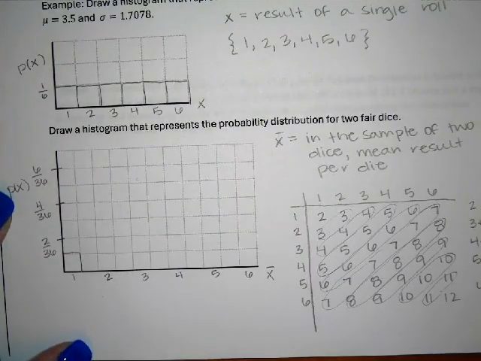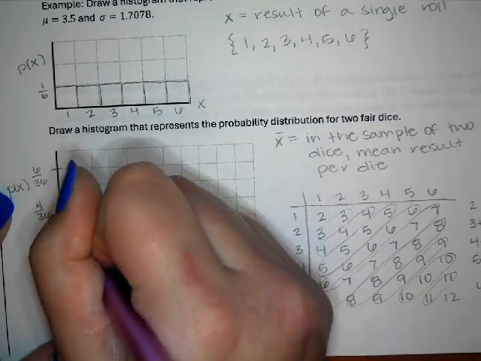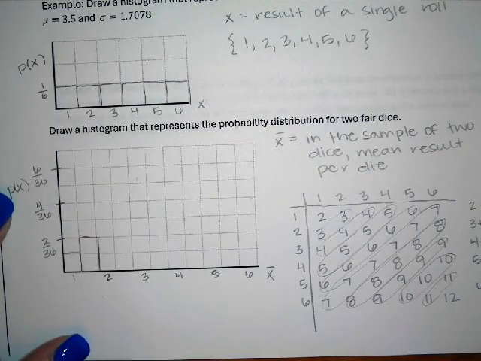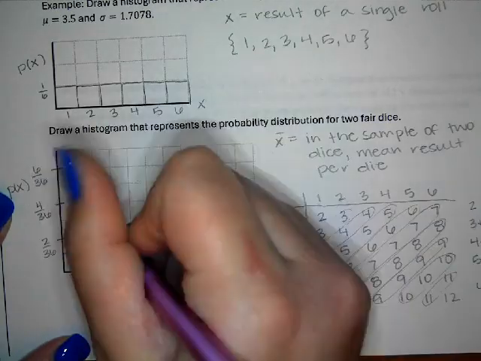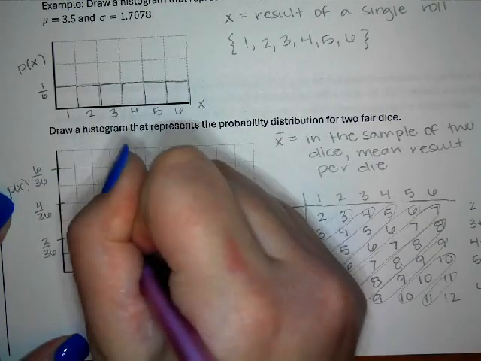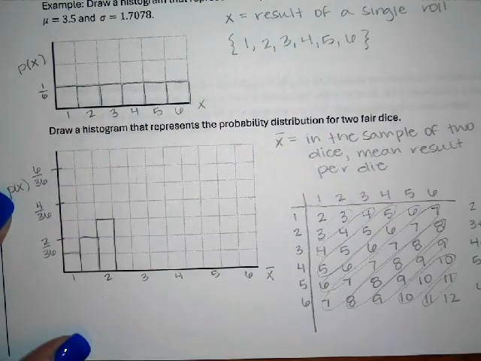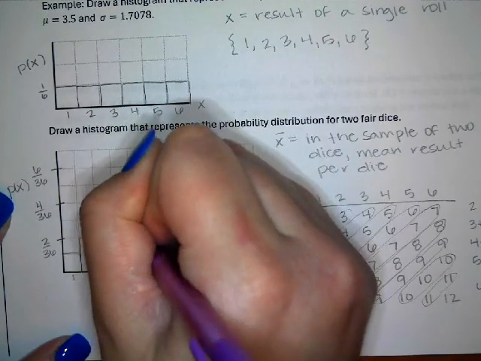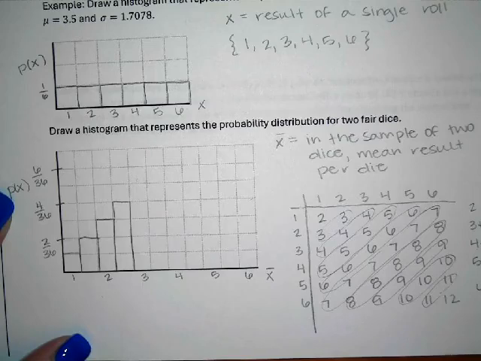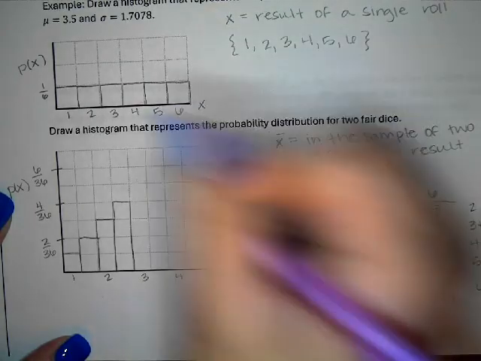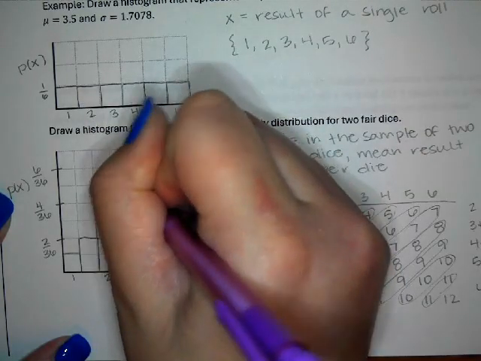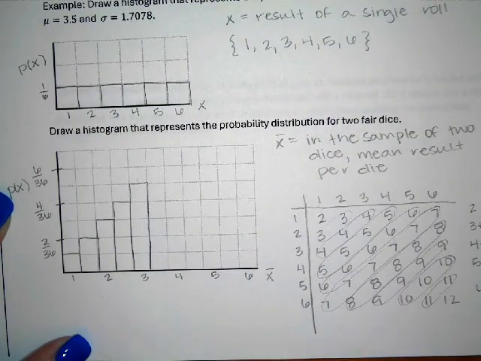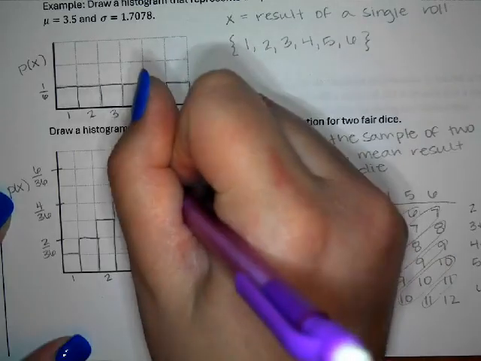1.5 is a 2 out of 36 probability. 2 is a 3 out of 36 probability. 2.5 is a 4 out of 36 probability. 3 is a 5. 3.5 is a 6 out of 36 probability.